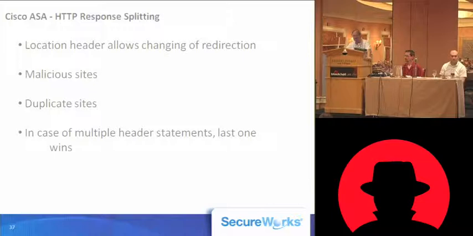And the way this works is a lot of times you'll have a web server where you go to an authenticated page without using SSL, and it forces you to the SSL version of that site. Well, they're using a redirect there, a 301 redirect or a 302 redirect. So it's very common. But if the web server is vulnerable to HTTP response splitting, it'd be trivial to change the location of where that client's being redirected to.